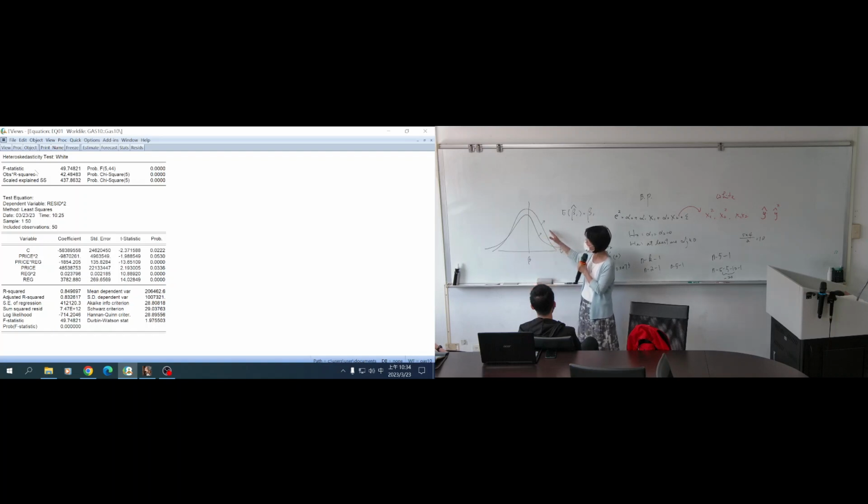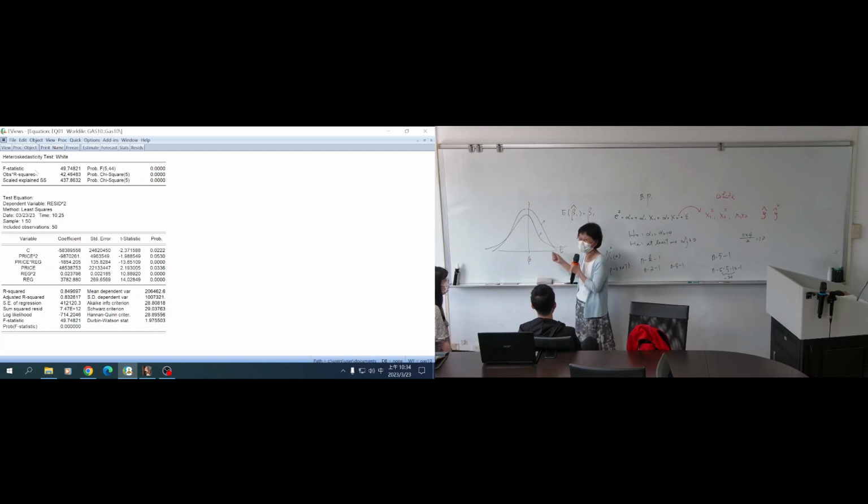So if it turns out to be too small, what does that mean? If the t-value is too small, the p-value would be big, so we easily fail to reject the null hypothesis. If the t-value becomes too big, the p-value will be smaller, so we easily reject the null hypothesis.